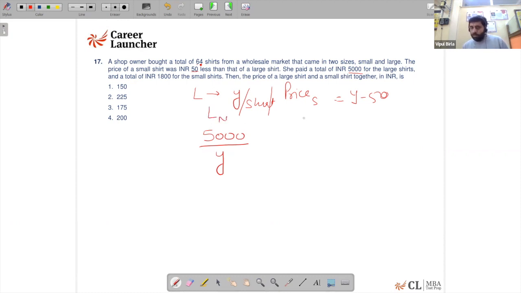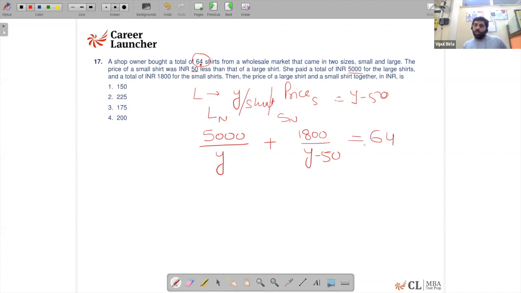Similarly, total number of small shirts purchased should be equal to nothing but 1,800 is the total expenditure, and the price of one is going to be nothing but Y minus 50, because the price is less by 50. And the total number of shirts of large plus small, they have given that equal to 64. So therefore, this value will be equal to 64.